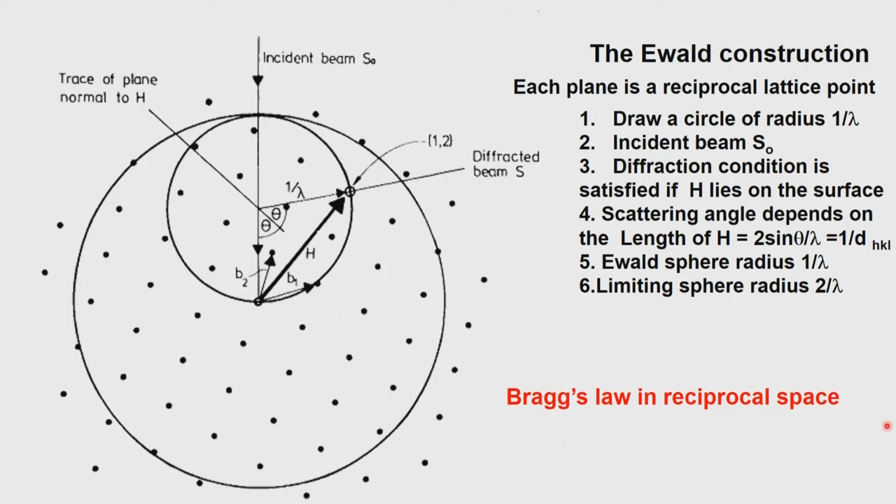So, we now know under what conditions and circumstances a crystal can give diffraction. We have a crystal, we get the diffraction spots, and these diffraction spots will follow this particular equation, which is Bragg's equation. So, I think at this level we have now understood Bragg's law both in direct space as well as in reciprocal space.